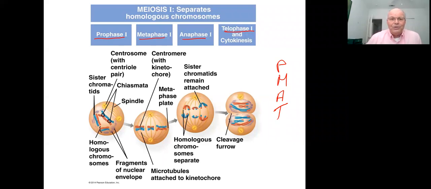Those things are also occurring here in prophase of meiosis 1. So do the chromosomes condense out? Yes, they condense out and become visible. But it's not the individual chromosomes that condense out and become visible. It's the homologous pairs that condense out and become visible, because they are already partnered up with their homologous partners when they undergo the supercoiling and become visible. And they are held together by those synaptonemal complexes that I was referring to that form the chiasmata, singular chiasma.